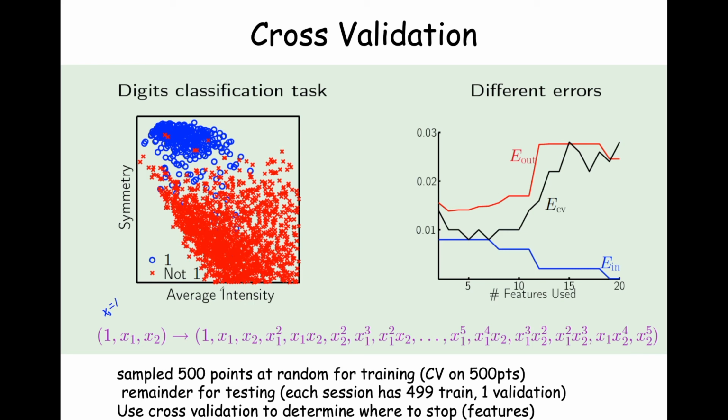And so if you think about it, we can choose which version of this model we should use, which feature representation. Should we use the one with 1 feature or 2 features? If we use 2 features, we'd have this feature and that feature. 3 features would be 1, x1, x2. 4 features would be 1, x1, x2, x1 squared, and so forth.